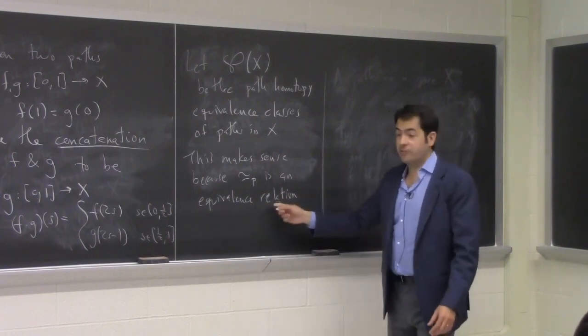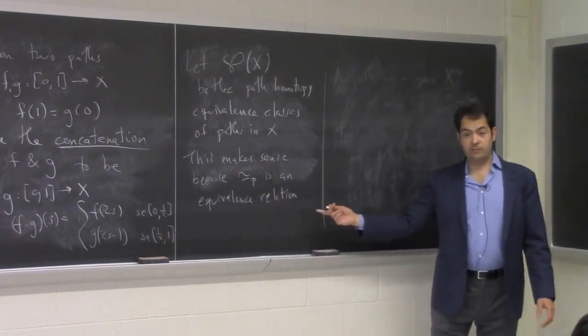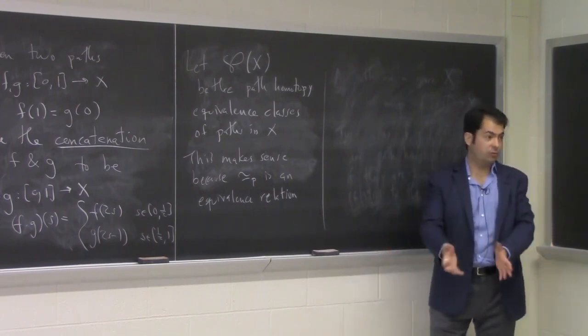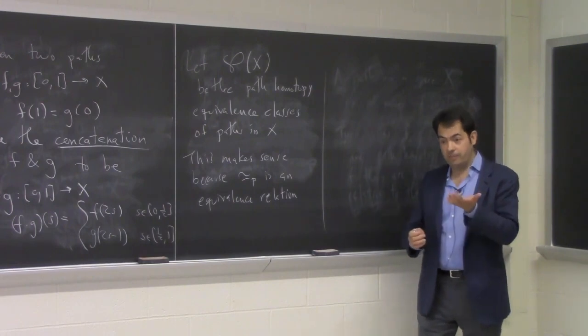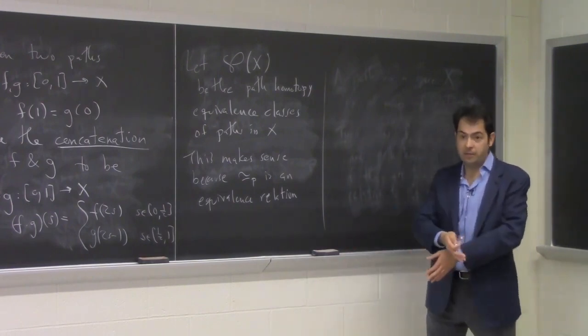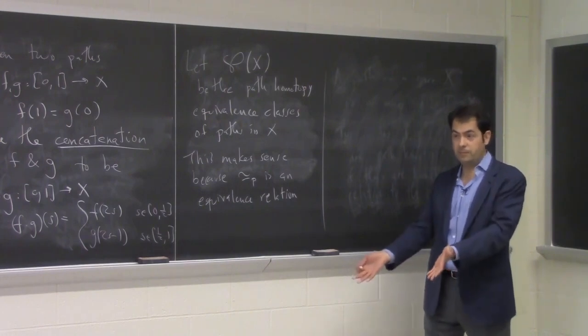We have to check three things. Every path should be equivalent to itself. That's easy, take the trivial homotopy. If f is equivalent to g, then g should be equivalent to f. That's easy, take the same homotopy between them.